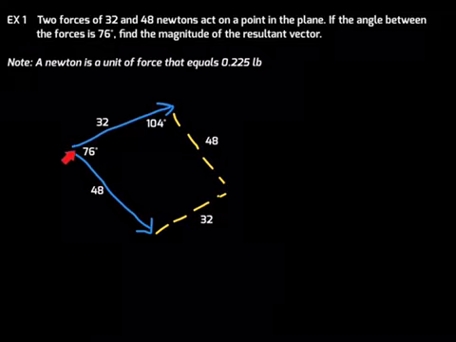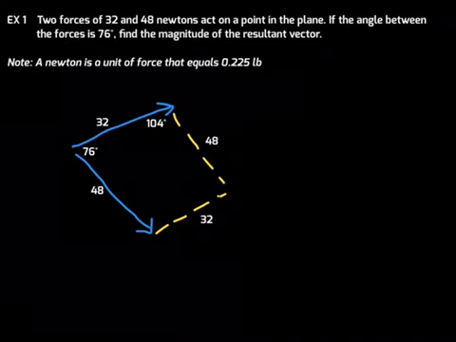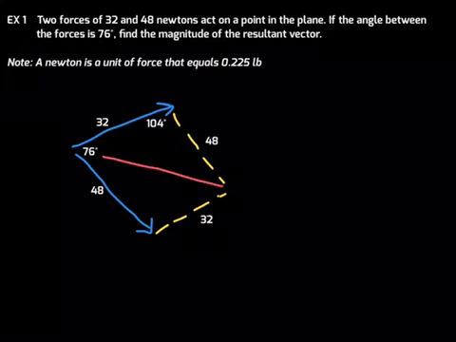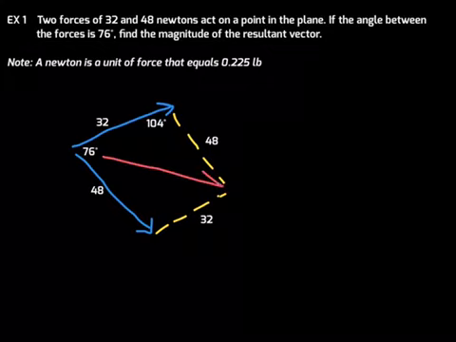So I'm going to draw the diagonal from this common initial point across the parallelogram, and that will be my resultant vector, basically the sum of my two vectors. Something like this. This is the resultant vector. It's one of the diagonals of the parallelogram.